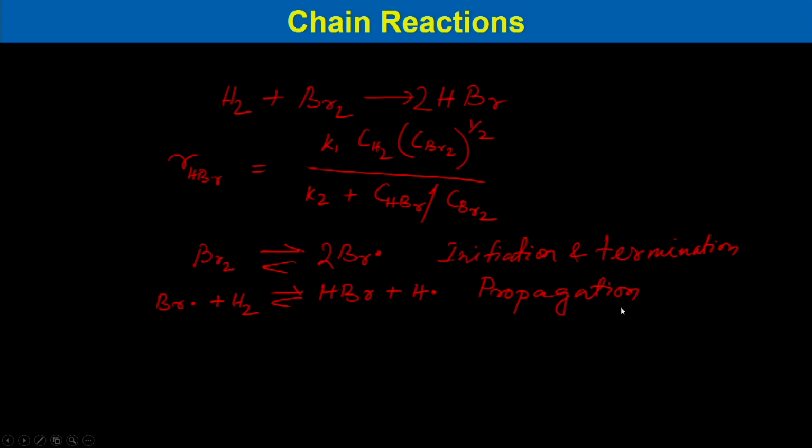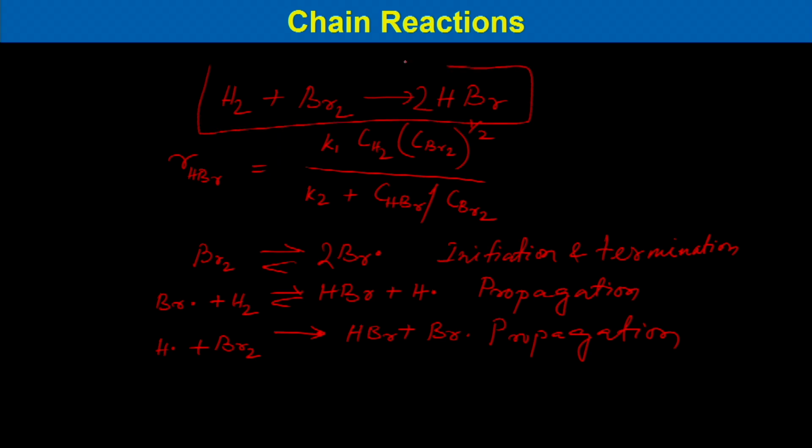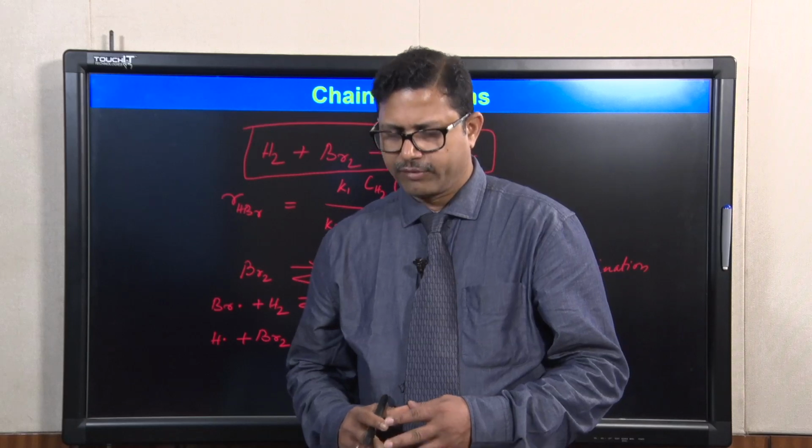And the third step, H dot plus Br2 forms HBr plus Br dot. So, this is also propagation. So, the formation of hydrogen bromide from hydrogen and bromine is one example of a chain reaction which goes through the free radical mechanism.